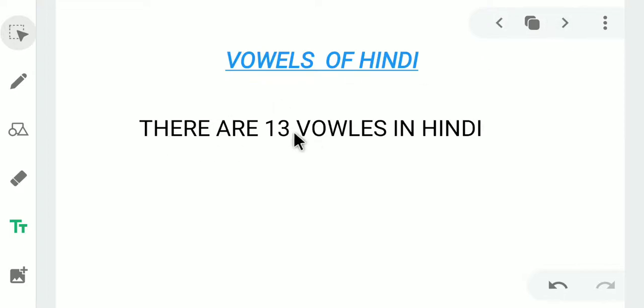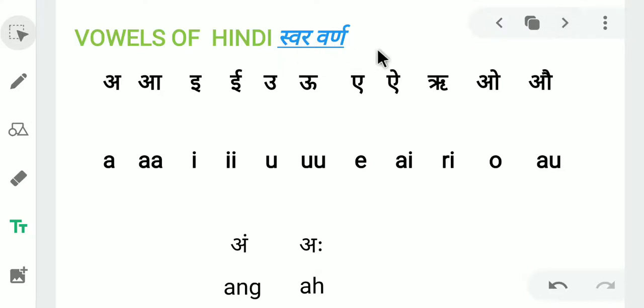There are 13 vowels in Hindi, and vowels in Hindi are known as swar.